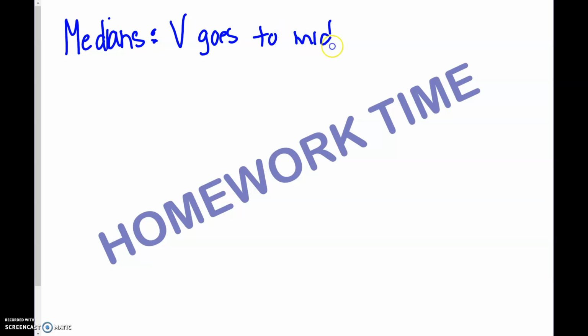Let's see if we're done or if we have some more. All right, we are at work time here. A quick recap: the first thing we were talking about are medians. Both medians and altitudes start at the vertex. This one starts at the vertex and goes to the midpoint of the opposite side.